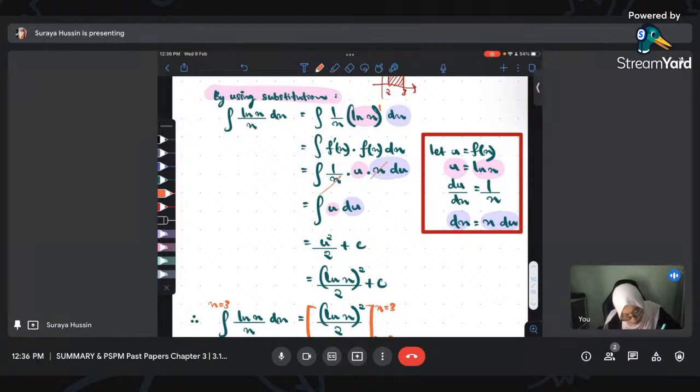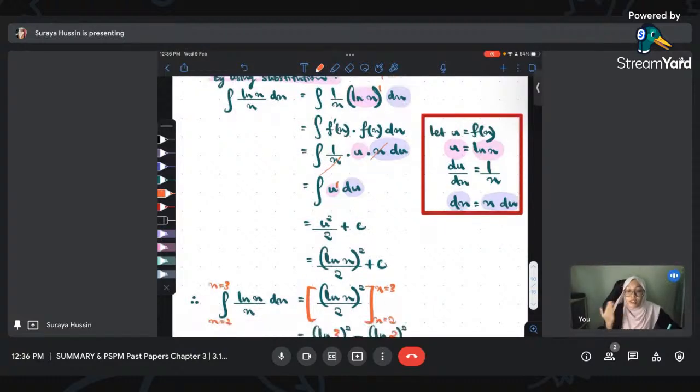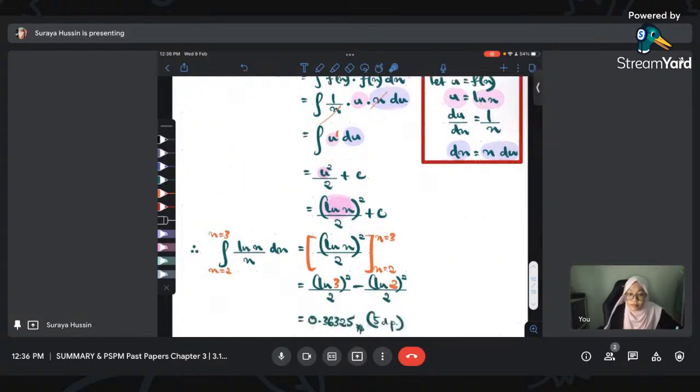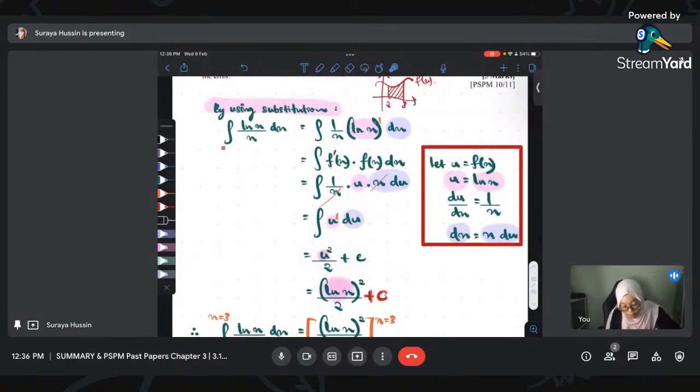And then you tahu u kuasa 1. When you integrate u with respect to u, you will get u squared over 2 plus c. And then masukkan balik u ini menjadi ln x. Settle, you akan dapat ln x, the whole thing, to the power of 2 divided with 2. Okay, plus C mesti ada sebab Miss tak letak apa-apa di sini ya.